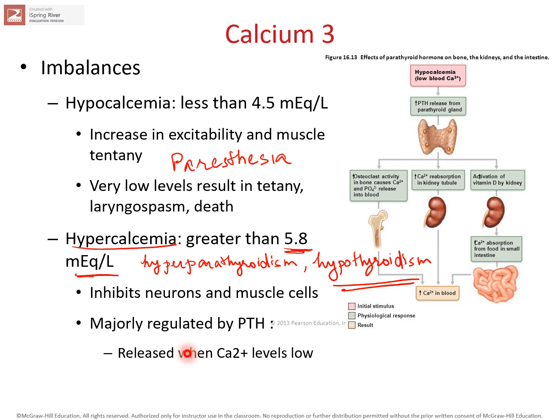Now, in general, calcium levels are majorly regulated by parathyroid hormone, which is released by the parathyroid gland when calcium levels are low, and that's what we looked at right over here. Make sure you know how parathyroid hormone regulates calcium levels.